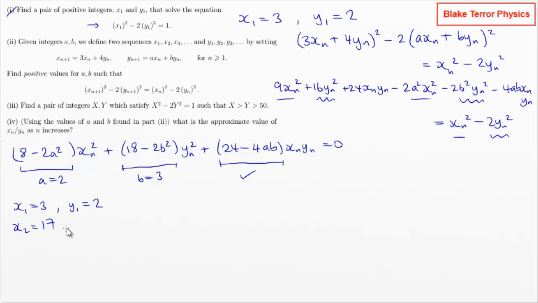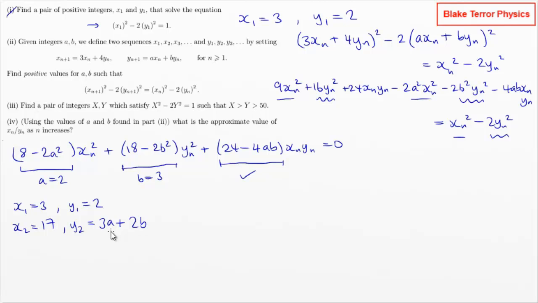And then we'd have that y2 would be equal to, well, say we didn't know what a and b were yet. I'm just intrigued as to what would have happened if we'd put all of this in. So we'd have a times x1, so that'd be 3a plus 2b.